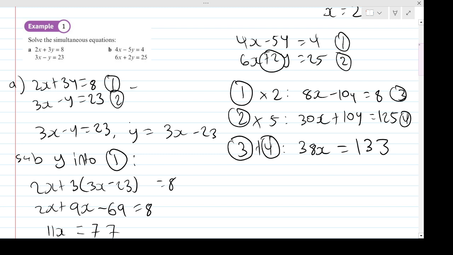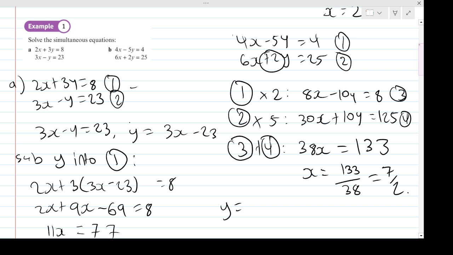Okay, but then x is simply 133 over 38, which should be 7 over 2. Cool, so that's the value of x. Then to find y, because I've now found x, I can just substitute x into either equation, right?